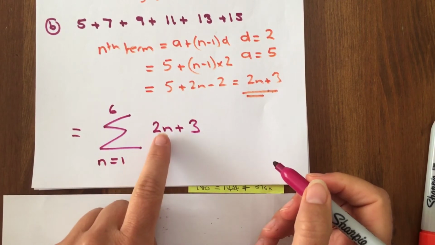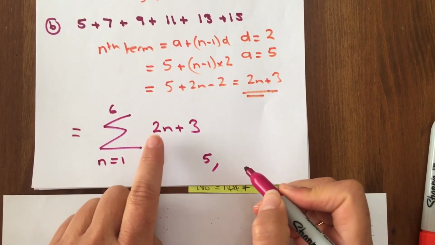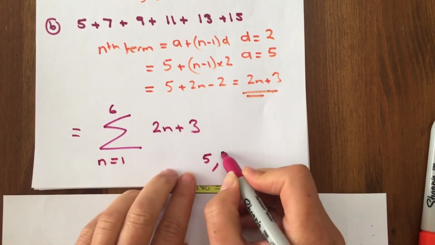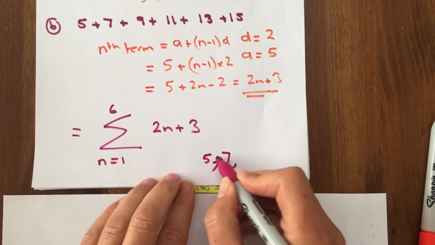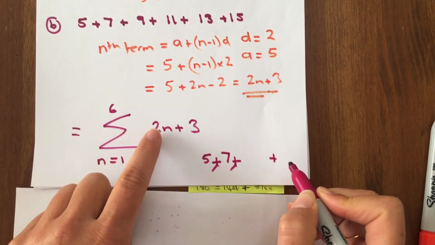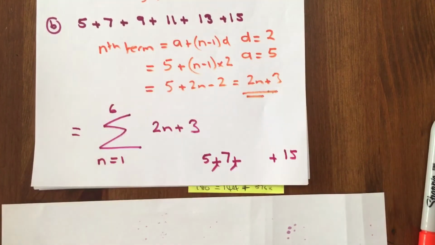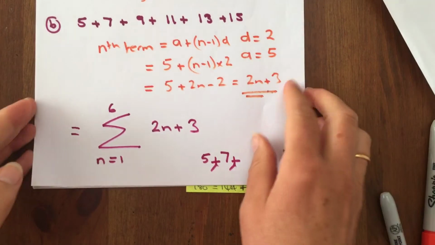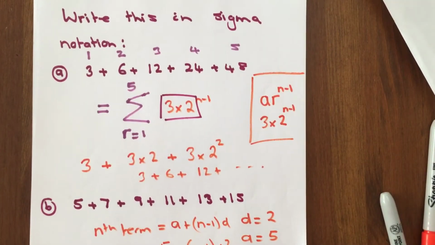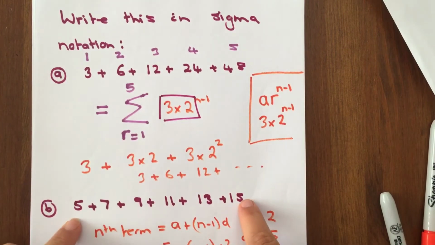When n equals 1, I've got 2 plus 3 is 5. When n equals 2, 4 plus 3 is 7, etc. And we're adding up until we get to the last term when n is 6. 12 plus 3 is 15. So that's what I started off with. Okay, so you may have a geometric sequence or you may have an arithmetic sequence.